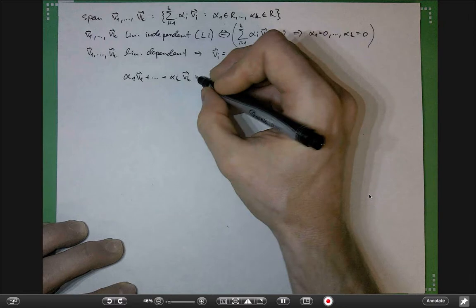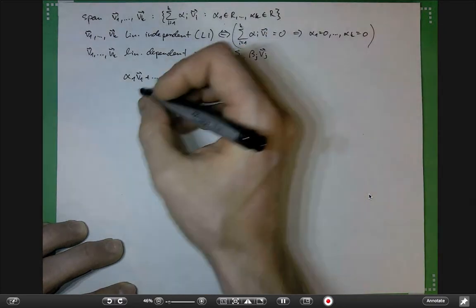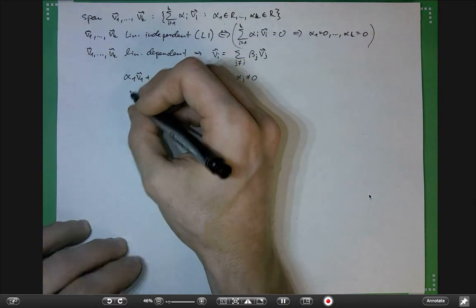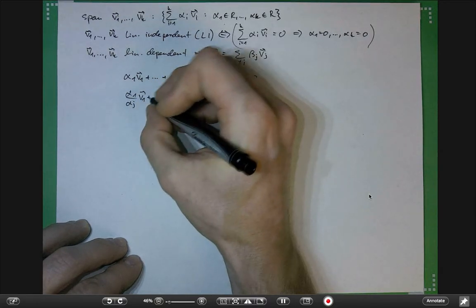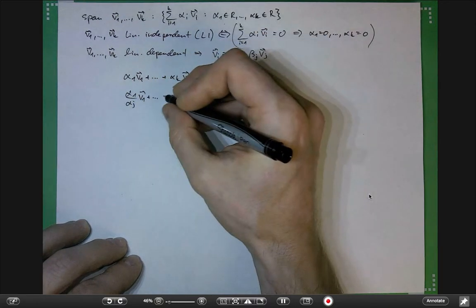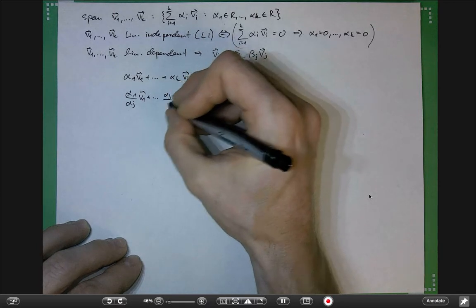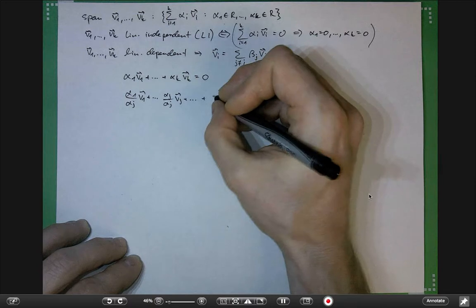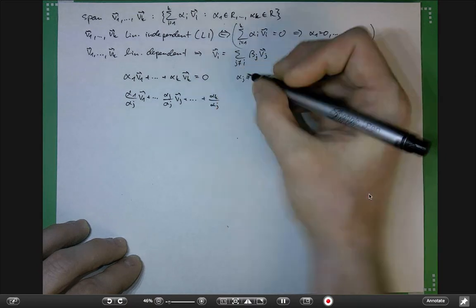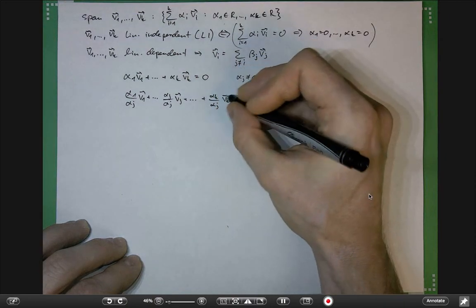So this is 0. If I divide the entire thing by alpha j, I get alpha 1 divided by alpha j times v1, and so on, plus vj, with alpha j divided by alpha j, which is 1, plus alpha k divided by alpha j times vk, equals 0.